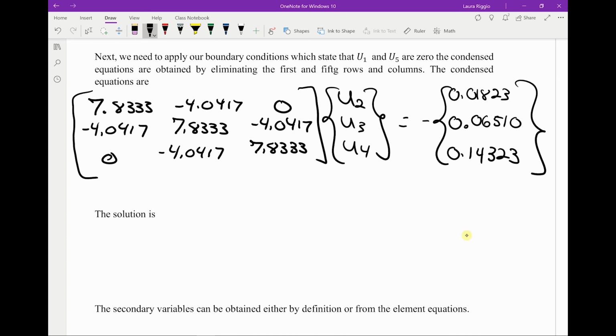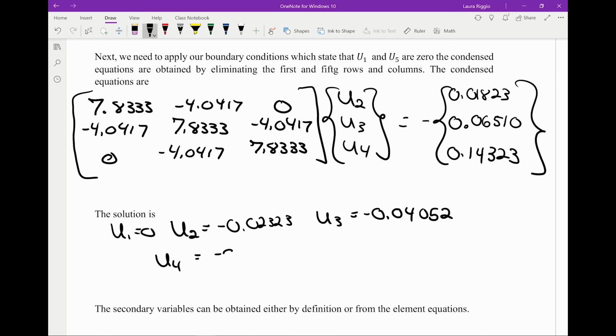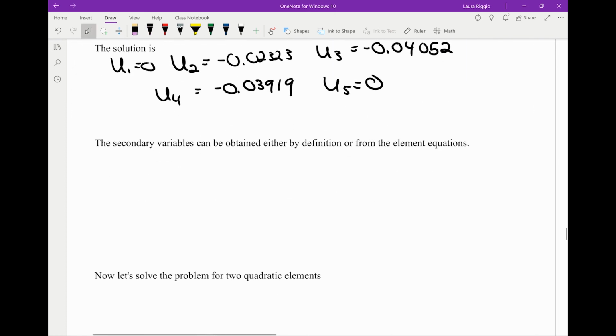Our solution becomes U1 equals 0, U2 equals minus 0.02323, U3 is equal to minus 0.04052, and U4 would equal minus 0.03919, and U5 is equal to 0. The secondary variables can be obtained from the element equations or from the derivatives.